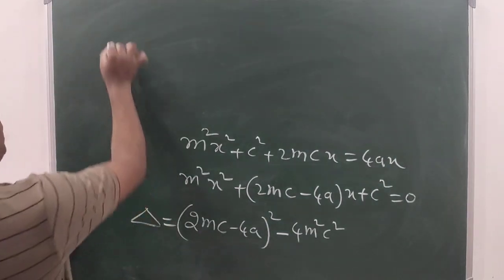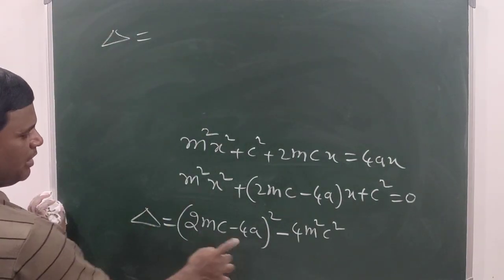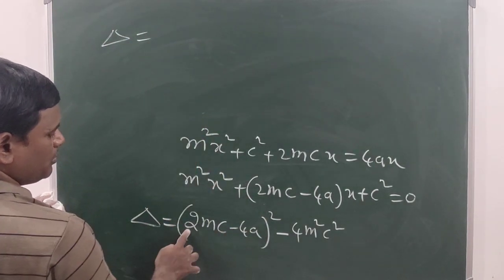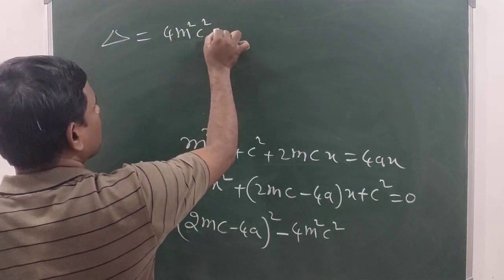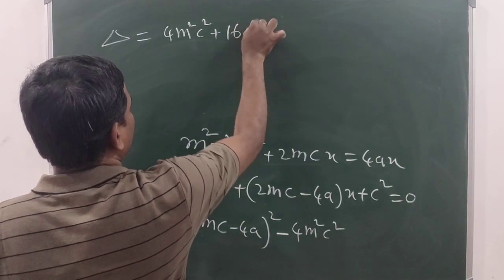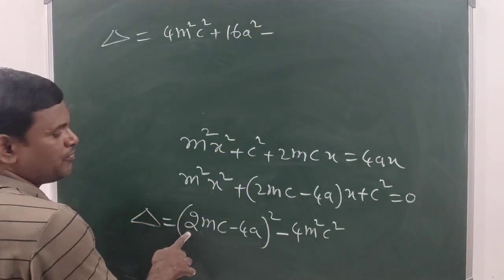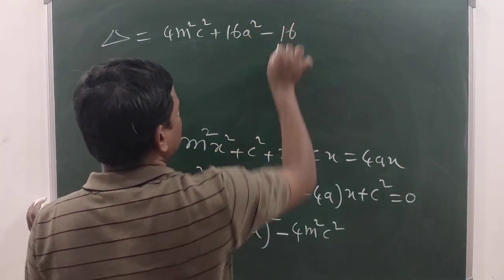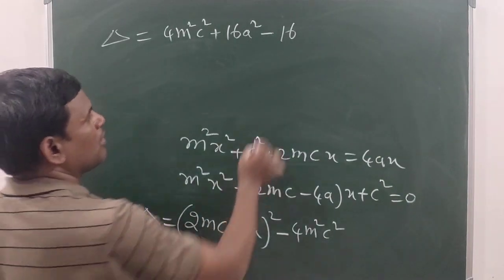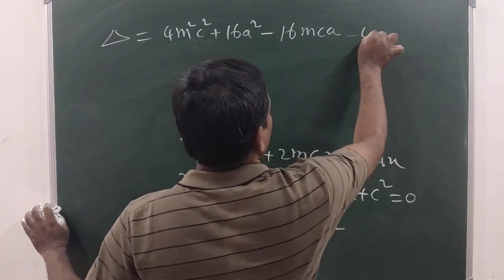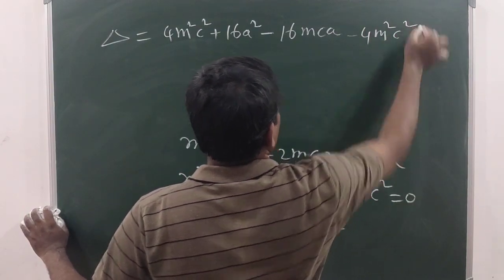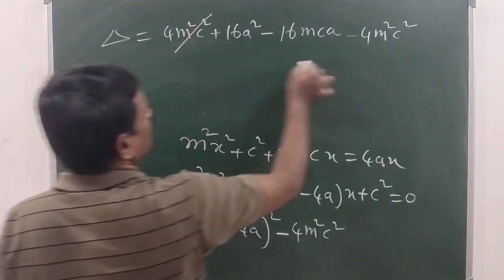Simplify that, using a minus b whole square: 4 m square c square plus 16a square minus 16mca, minus 4 m square c square. Now these two are cancelled.